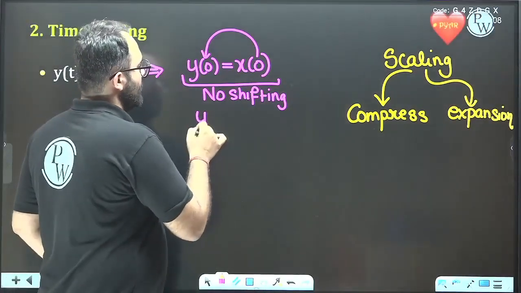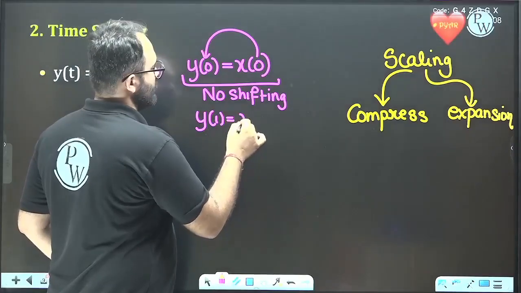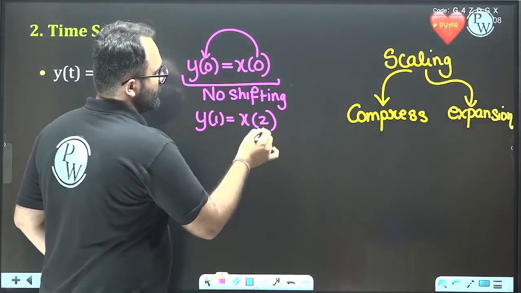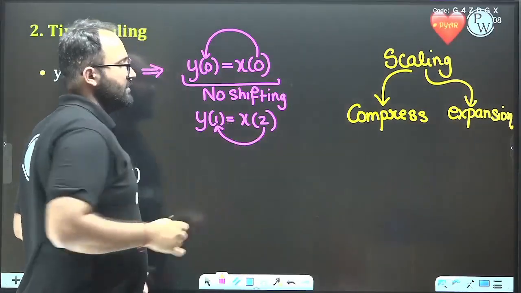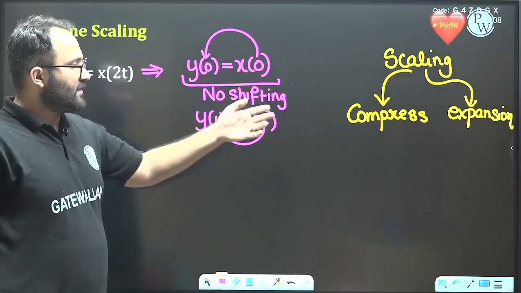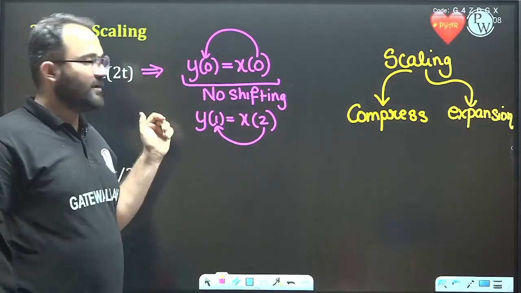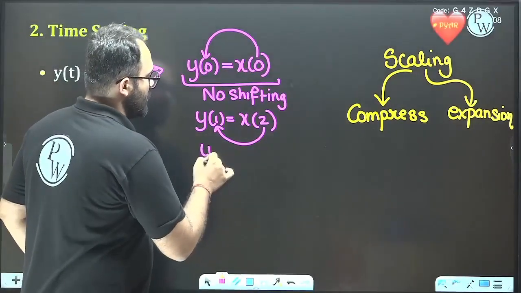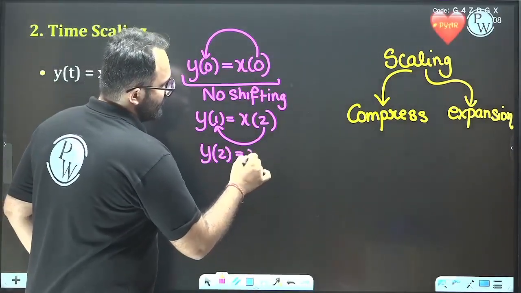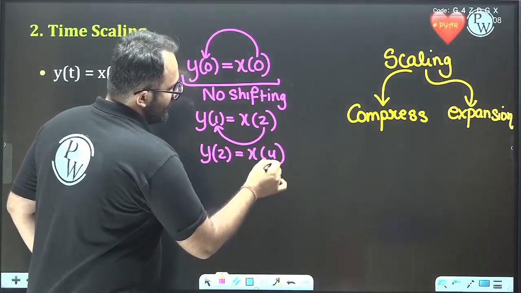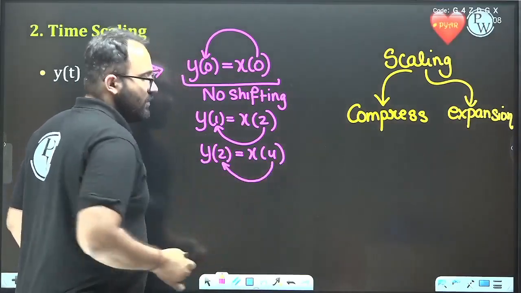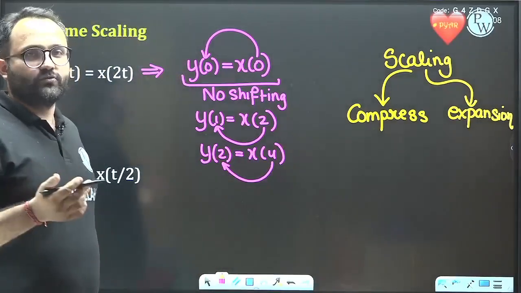Now let's put t equal to 1. So y(1) equals x(2). That is, in the old signal, the location 2 is going to 1 in the new signal. Similarly, we put t equal to 2. So y(2) equals x(4). In the old signal, t equal to 4 is going to 2 in the new signal.